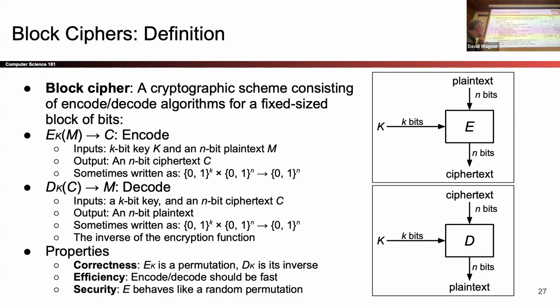So that's correctness. That ensures that when you decrypt, you get back what you started with. Also, both of these operations should be very fast because we want to be able to encrypt stuff very fast. And then finally, the security requirement. I'm going to say a little bit more in a moment about what the security requirement is. But basically, it scrambles up the bits real good. It doesn't leave any patterns behind.